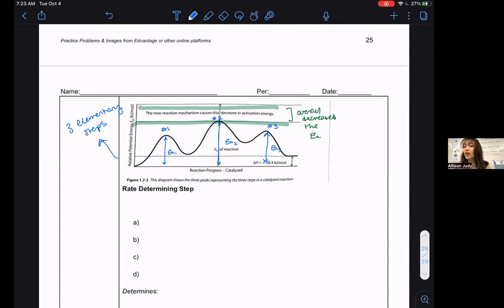So kind of like the concept in stoichiometry of the limiting reagent. Now we're talking about, what's the limiting step? What's the limiting checkpoint? What's the limiting elementary reaction? And we just use a different name. We call it the rate determining step.